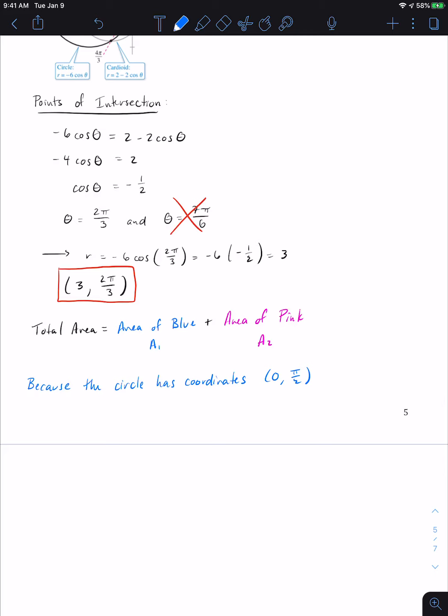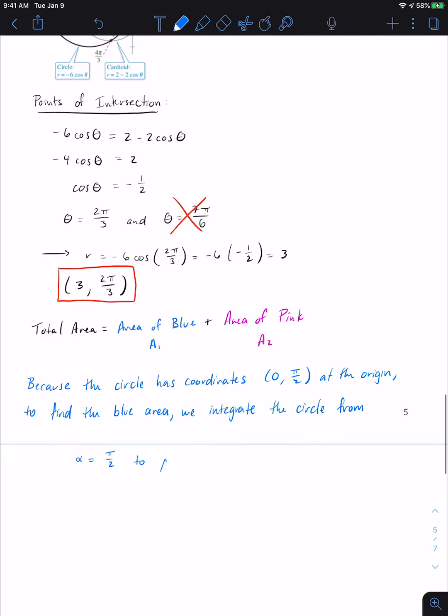And then we'll say at the origin, to find the blue area, we integrate the circle from alpha equals where we're starting, pi over 2, to beta equals where do we end?